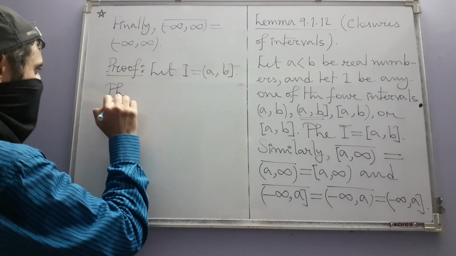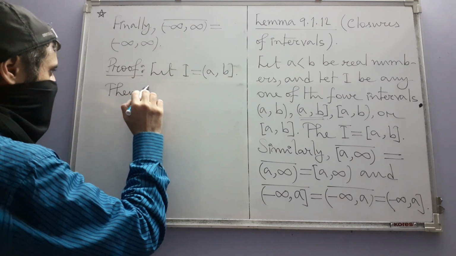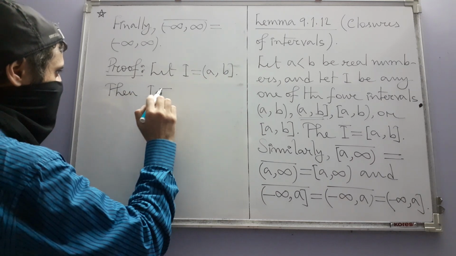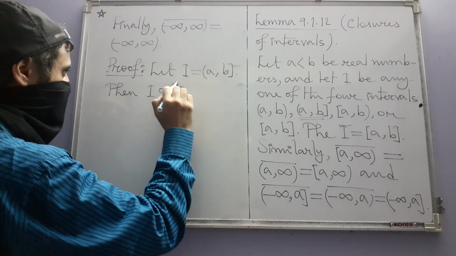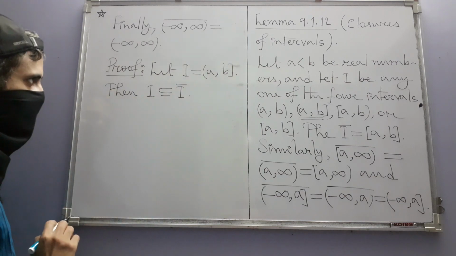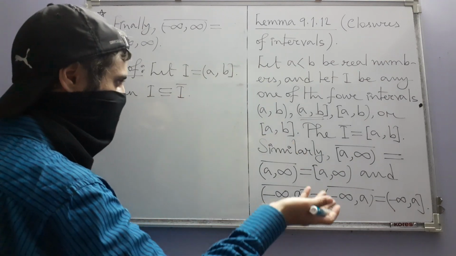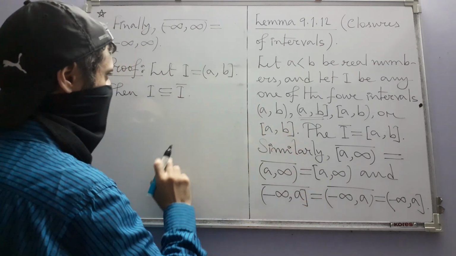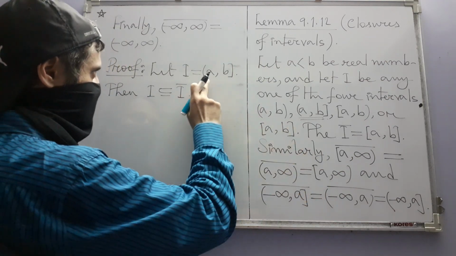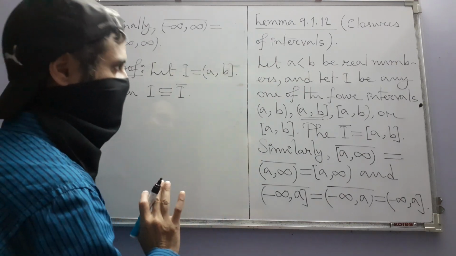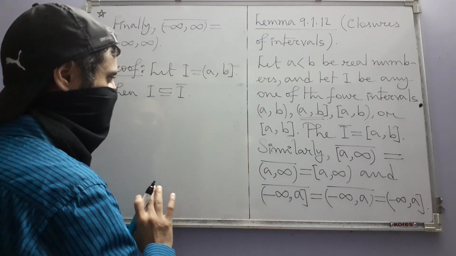Then, I itself is contained in I closure. So that means we know that whatever I closure ultimately is going to be, I mean the claim is of course this, it has to contain I in it. Alright.